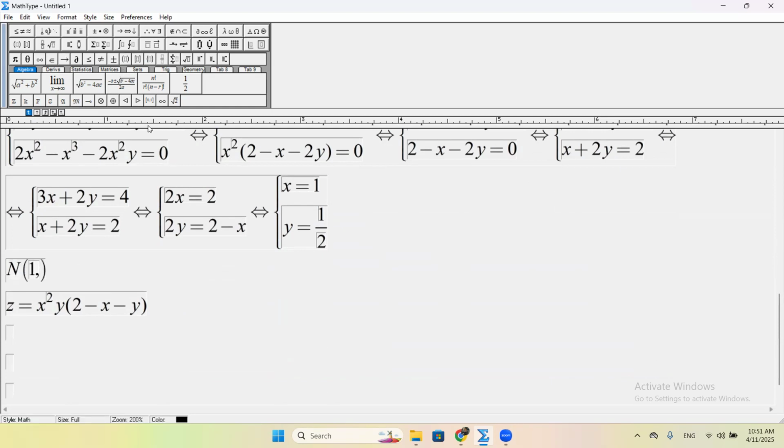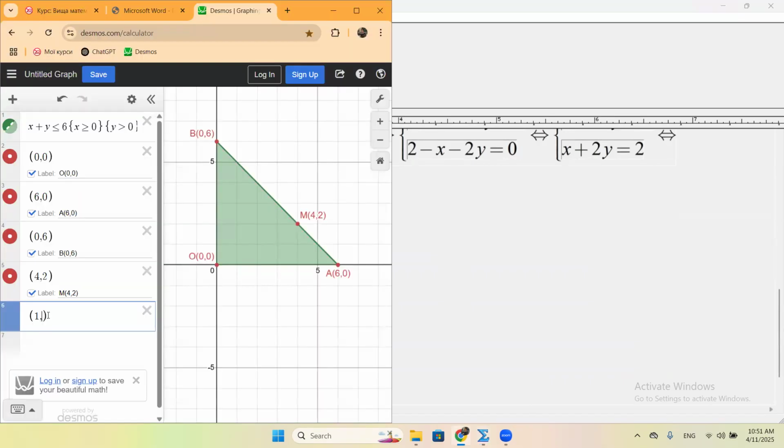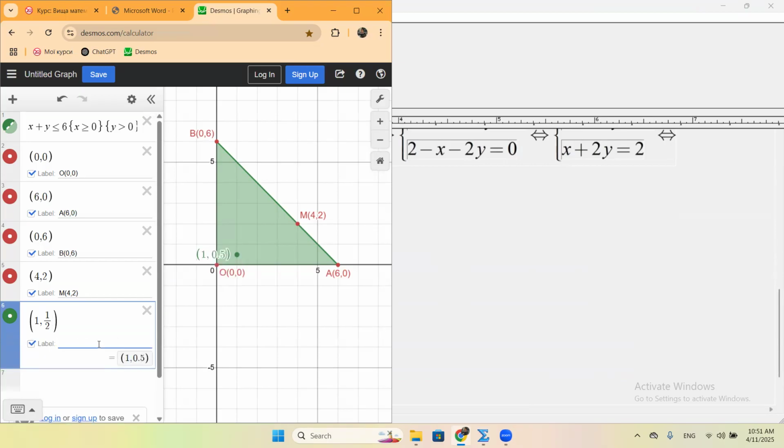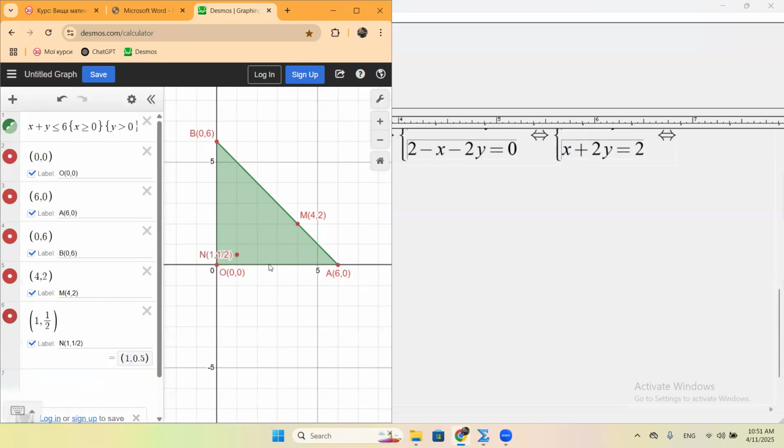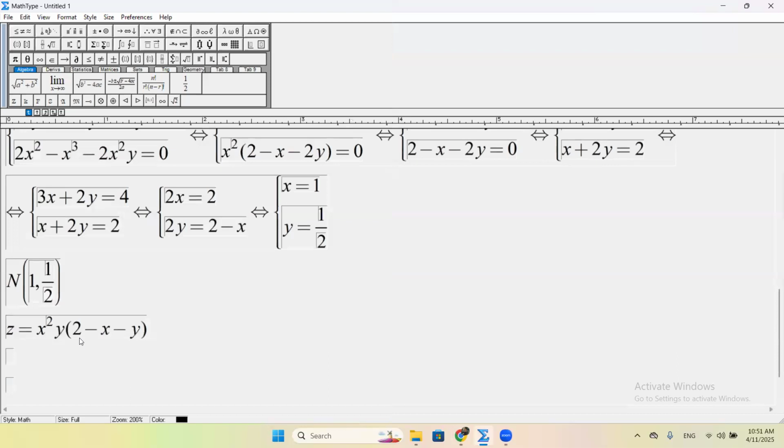So 1 and 1 over 2, and let's also verify that it is inside the region. Yeah, and it is really inside the region. We don't have to investigate if it is an extremum point or not.